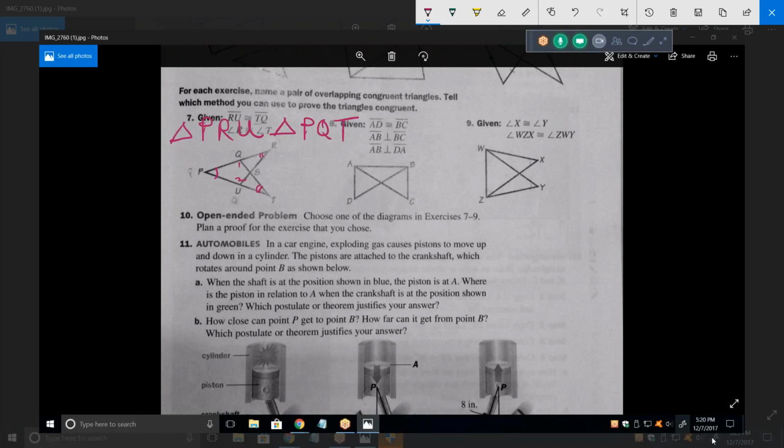Now, if I have two angles equal, then I know I have all three angles equal. That's all I need. That means 1 is absolutely equal to 2.